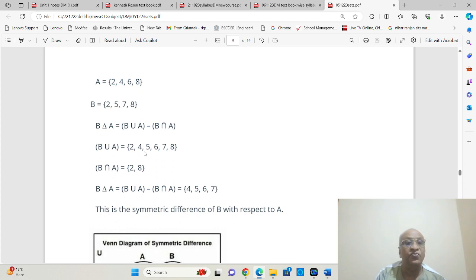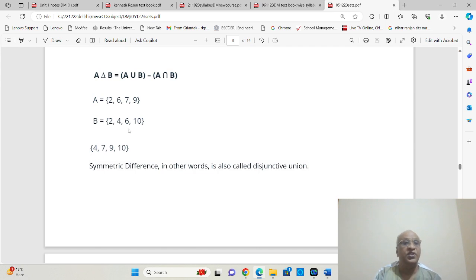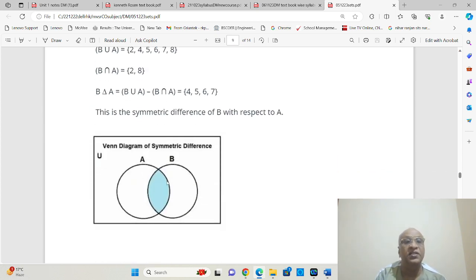So the difference of 2, 4, 5, 6, 7, 8 and 2, 8 will be 4, 5, 6, 7. So this is the symmetric difference of B with respect to A. The same holds for the symmetric difference of A with respect to B. And this is the Venn diagram for the symmetric difference. This is the shaded part.